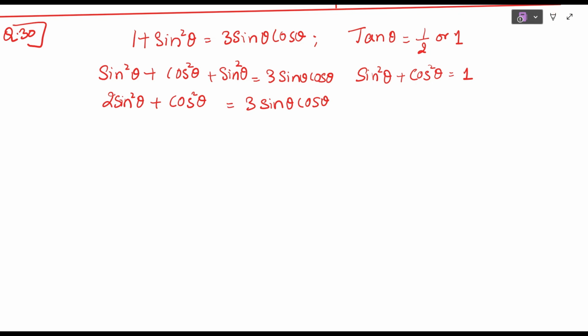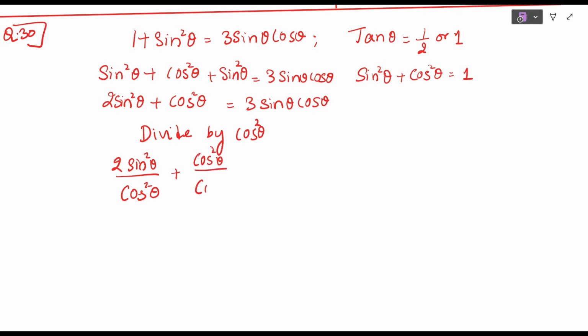Okay. So now we can divide the whole equation by cos theta or sin theta, anything we can do. Sorry, cos square theta. We can divide by cos square theta or sin square theta. So this becomes 2 sin square theta by cos square theta plus cos square theta by cos square theta, is equal to 3 sin theta cos theta whole divided by cos square theta.